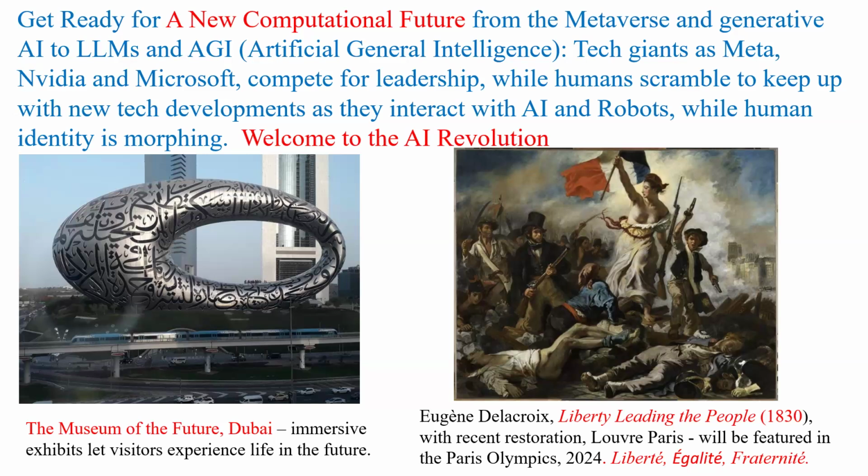It was recently restored with new computational methods that are becoming more and more used in restoration of artworks to be able to see beyond the surface and actually see a more three-dimensional sense of the painting. And this will be featured in the upcoming Paris Olympics that are about to start in Paris. So again, these connections, it's really a lot of symbolism that gets brought in from the past to the present. It's an amazing painting.